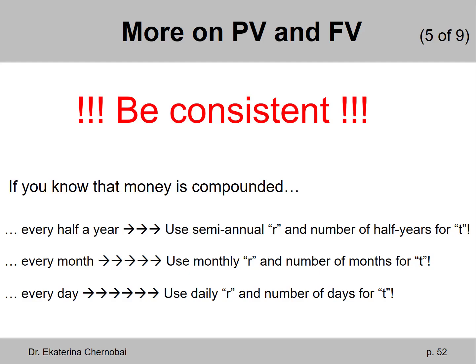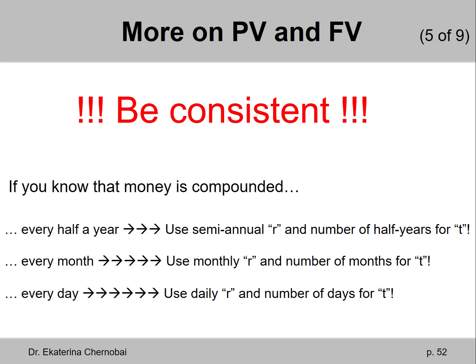And so it's important to read the question carefully. Read the words. What do the words tell you about how often the interest is earned? If you realize that the interest is earned semi-annually, then you need to use the semi-annual interest rate and the number of half years.